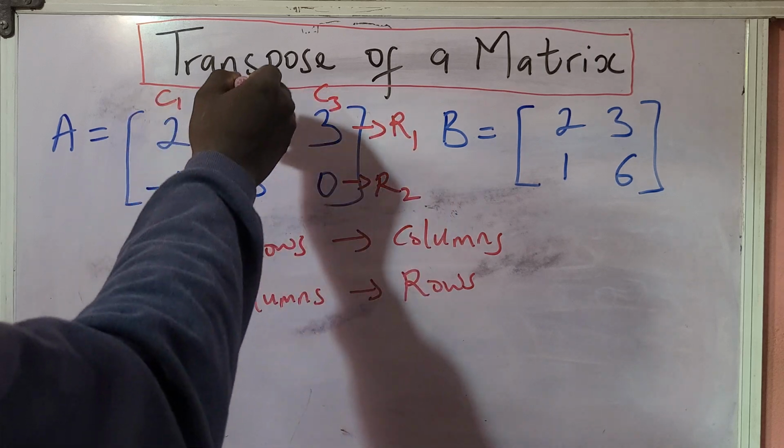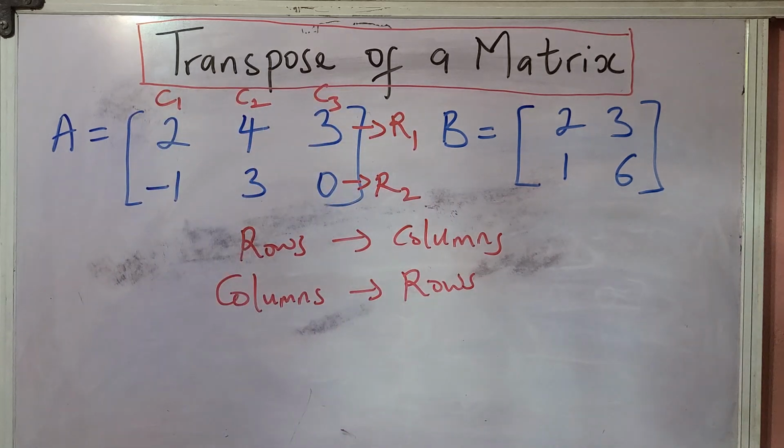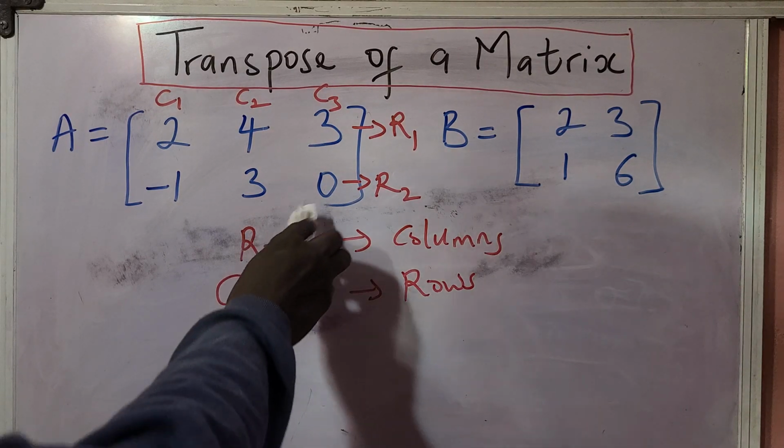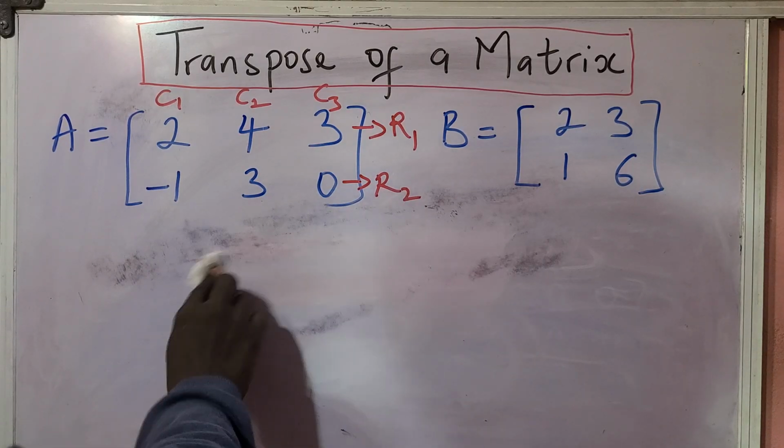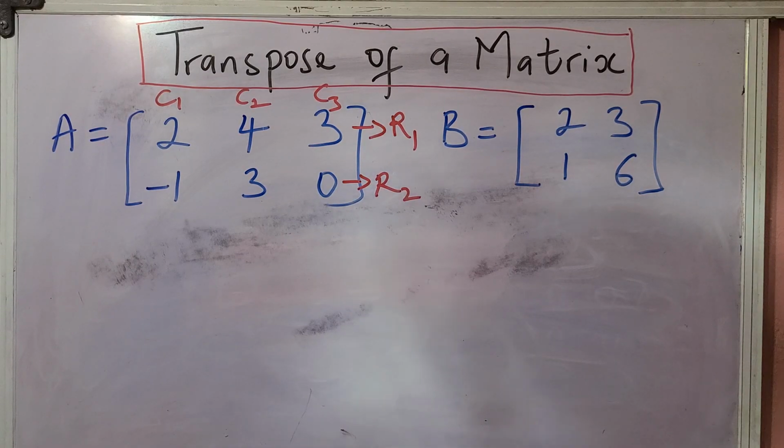So we have column 1, column 2, and column 3. So in this matrix now, we've been able to identify the rows and the column. So the concept of transposing a matrix is that you would have to interchange the rows with the column.